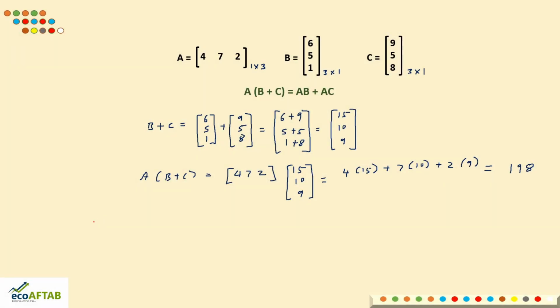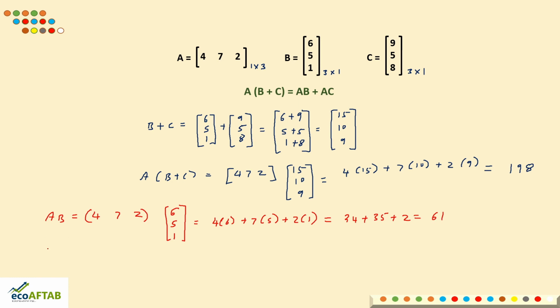This is to be compared with AB plus AC. First I will take AB. Multiplying A with B, 4, 7, 2 with 6, 5, 1. I get 4 into 6 plus 7 into 5 plus 2 into 1, which is 61.